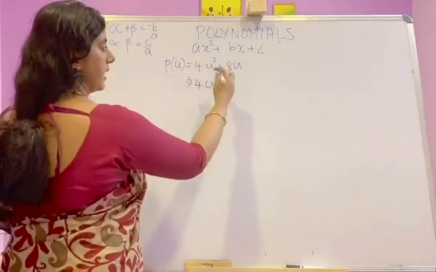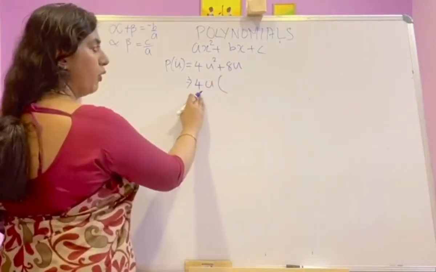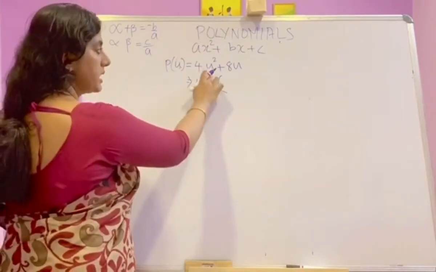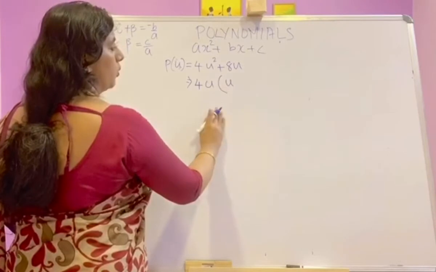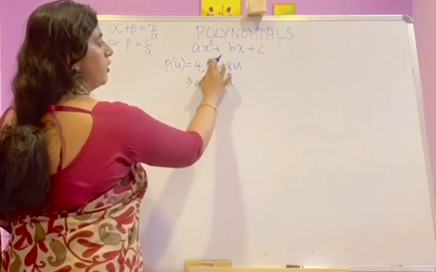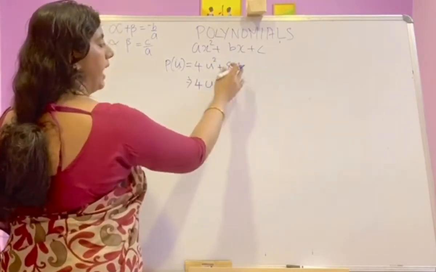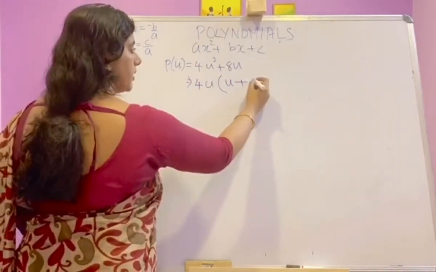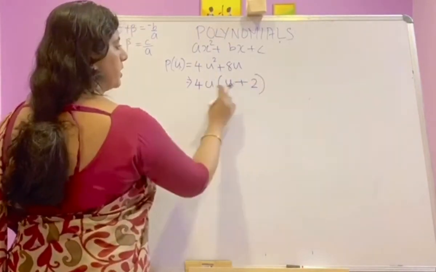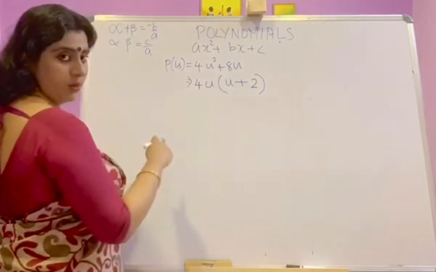After taking 4u outside, you get u, that is 4u into u is 4u square, plus from 8u, when 4u is taken outside, you get 2, that is 4u into 2 is 8u.